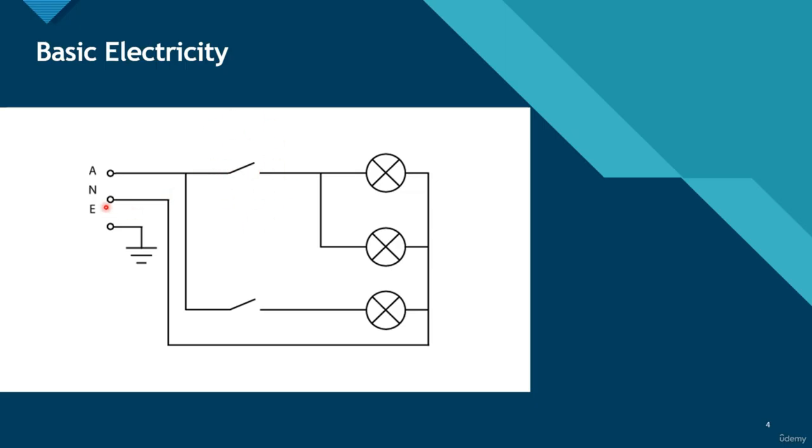And then you have your neutral, which goes to each side of this light bulb or a motor, whatever this might be. We're just going to say a light bulb, for example. So you have the neutral going to each side. Okay, and then this one here is your ground, and that's for safety reasons.